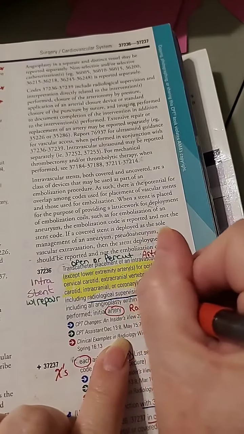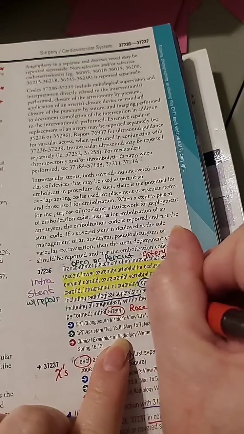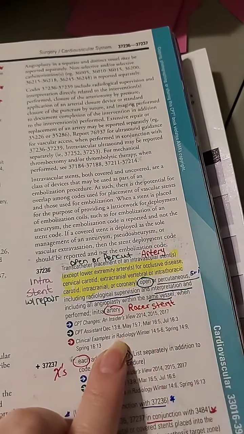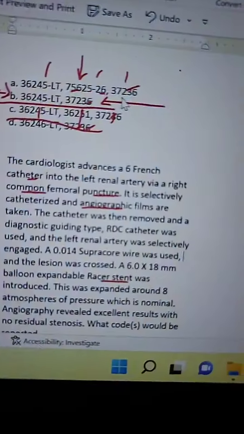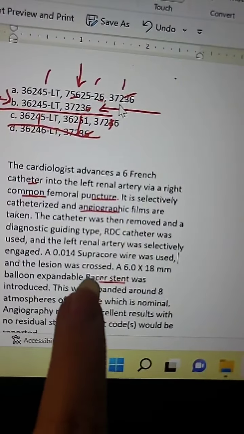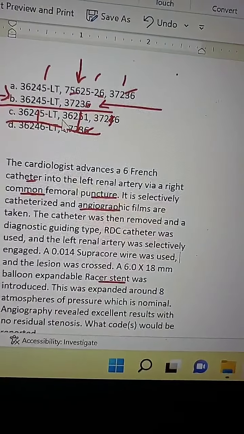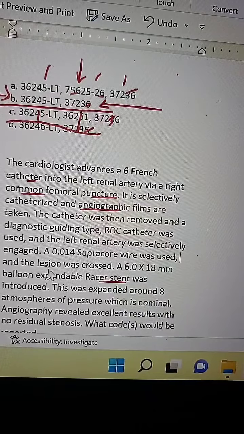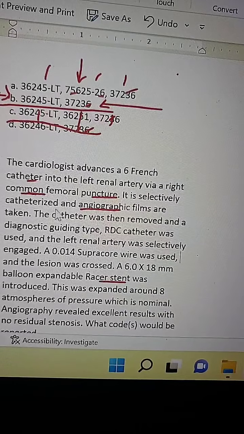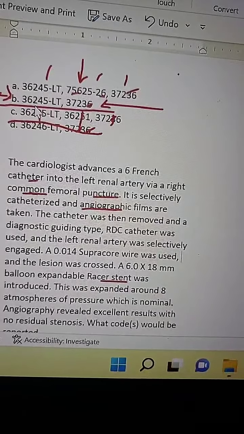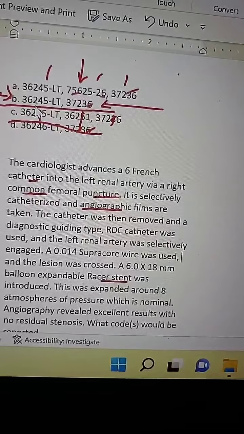They gave it a proper name, capitalized in the middle of a sentence. So I'm going to add that. And then I'll go back to our original code, the 36245, and add in, if I don't already have it down, that radiology is included in this one.